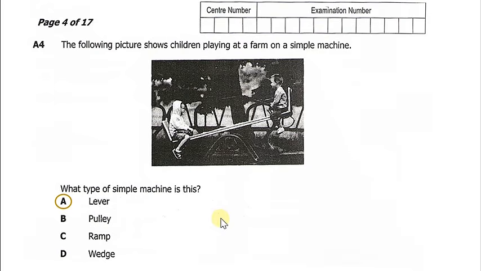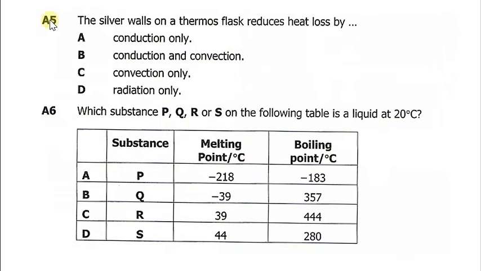All right, so let's move to another question, A5, which says the silver wall on a thermos flask reduces heat loss by. Those silver walls just reduce heat loss by radiation only, otherwise it is not convection.